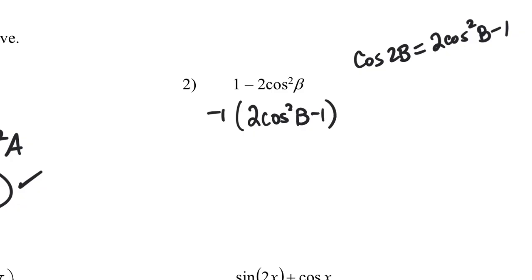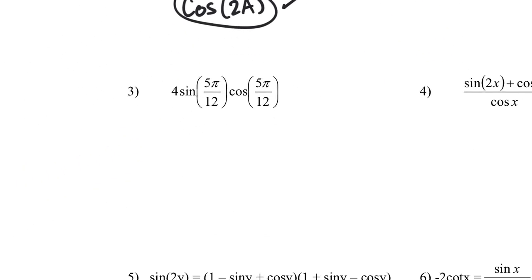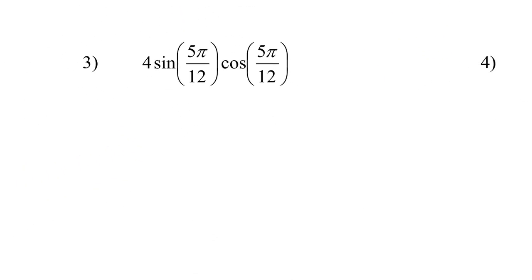So now I'm going to replace 2 cosine squared b minus 1 with cosine 2b. Like the first one, it's all about recognizing these formulas, these identities in the wild. Let's move on to a similar problem on number 3.